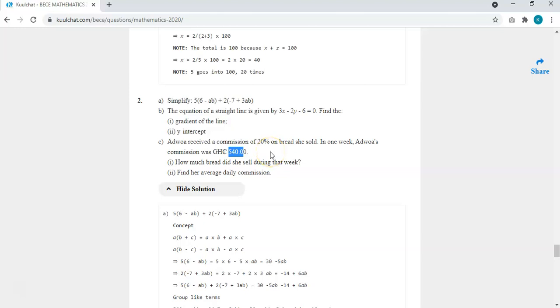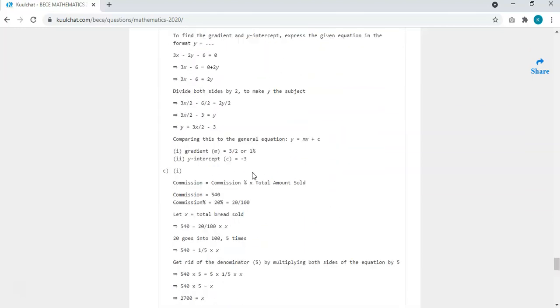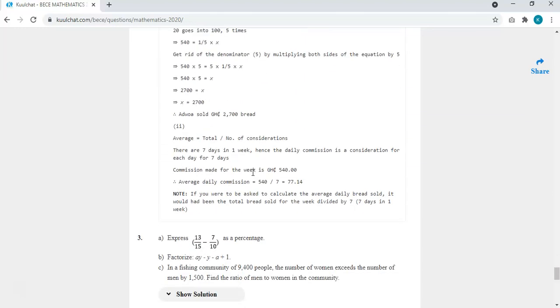Okay, so for average, you divide by the number of items you are considering. If it's 2 numbers, you sum them and divide by 2. Or if you know the total, the total over the 2 will give you the average of what you are looking for. Okay, so that's basically that. So what I've explained, average is the total over the number of things considered.